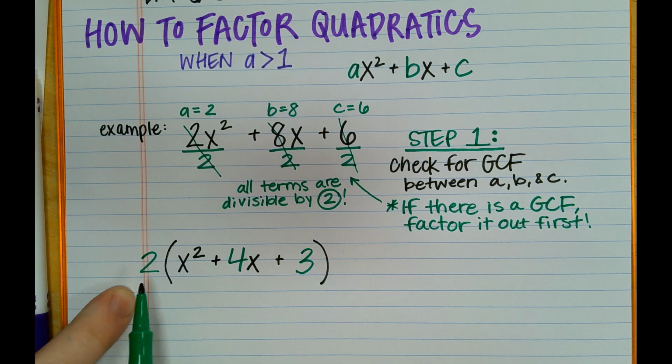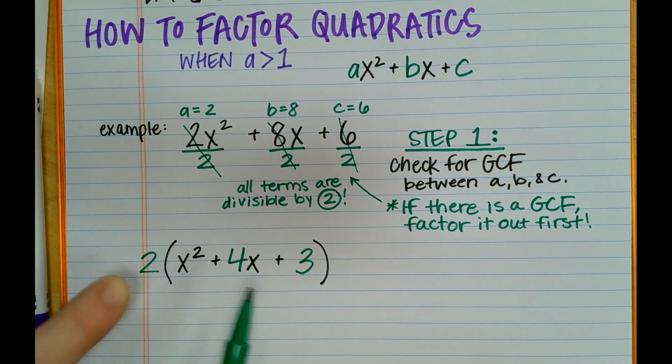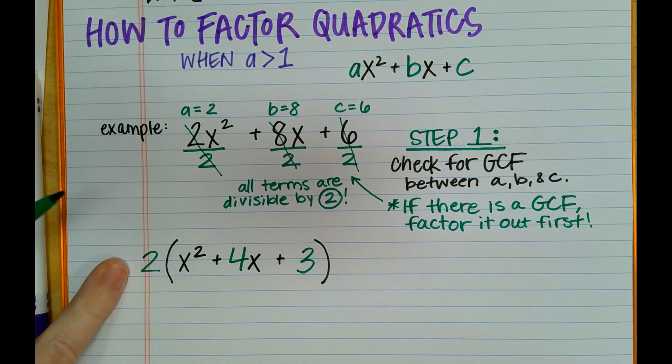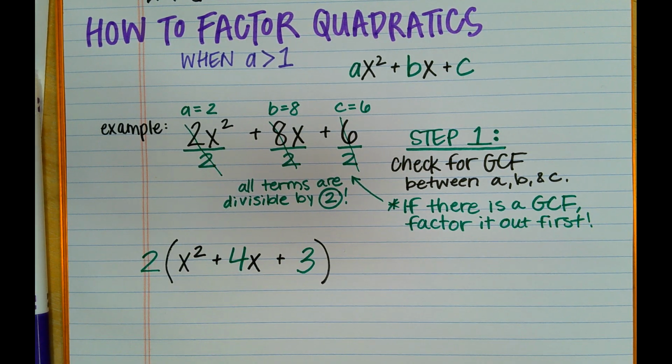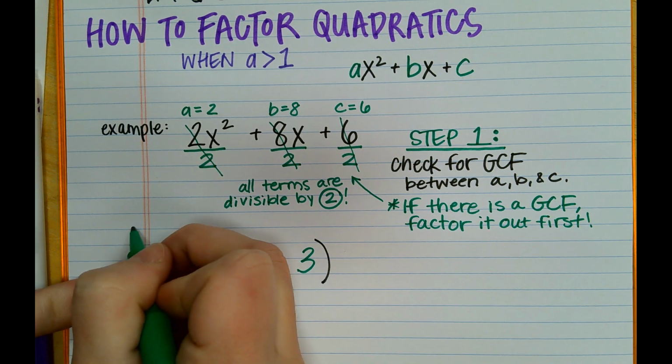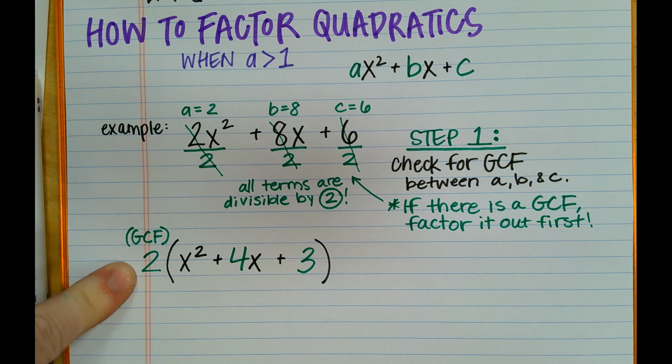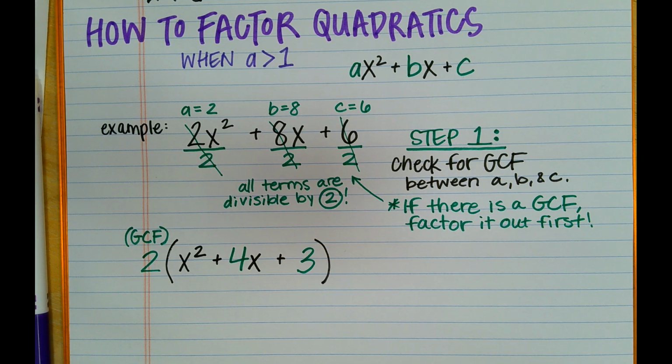So we want to keep track of this factor because it's going to be in our answer. So I want to put everything in parentheses and put that 2 out to the side. I'm going to label this GCF. You want to put your GCF outside the parentheses.